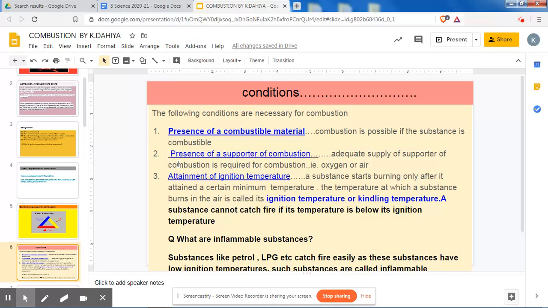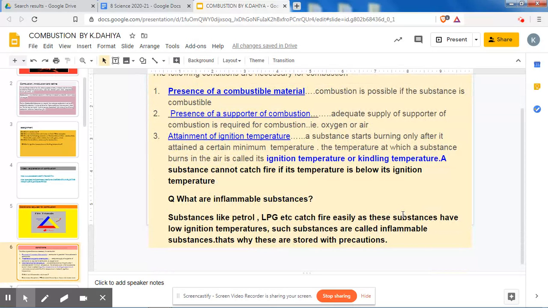A substance starts burning only after it attains a certain minimum temperature, and the temperature at which a substance burns in the air is called its ignition temperature or kindling temperature. That is, a substance cannot catch fire if its temperature is below its ignition temperature.